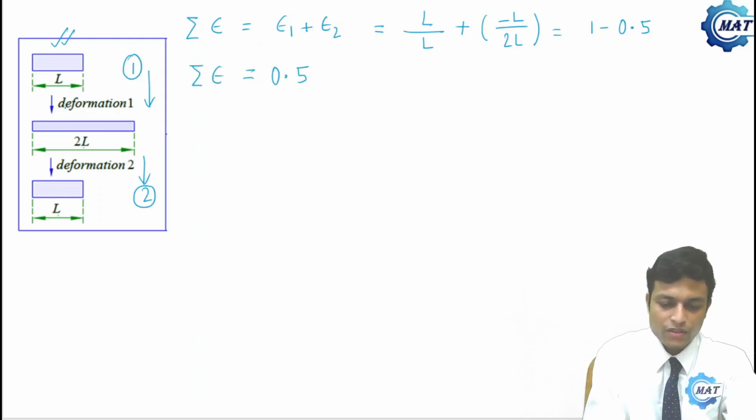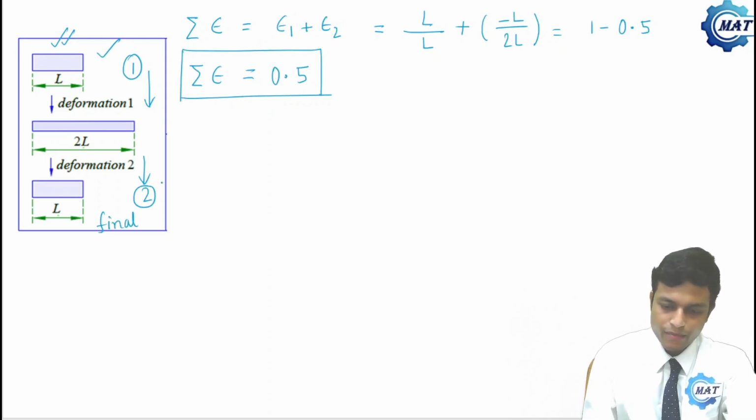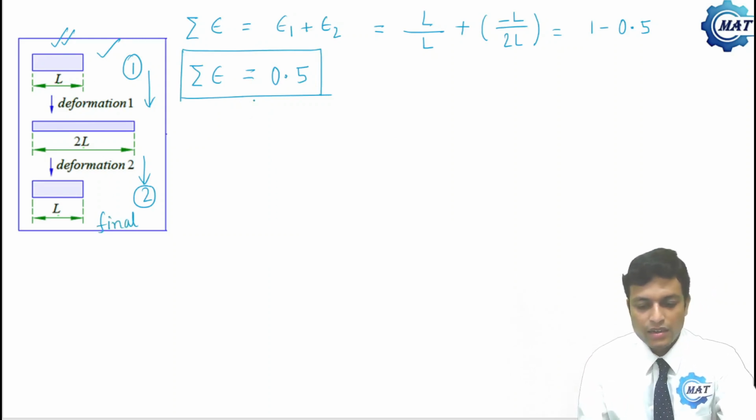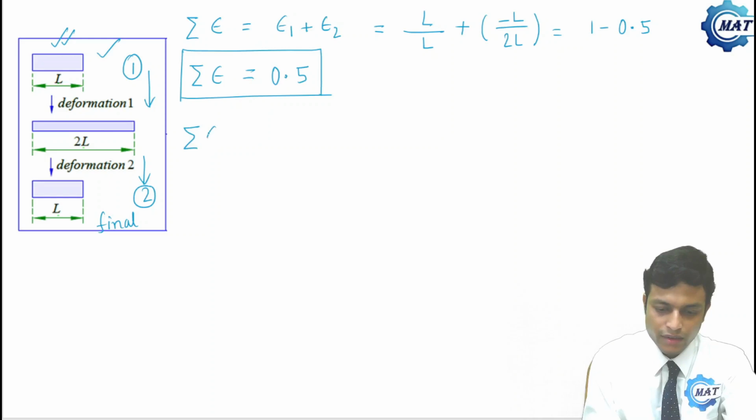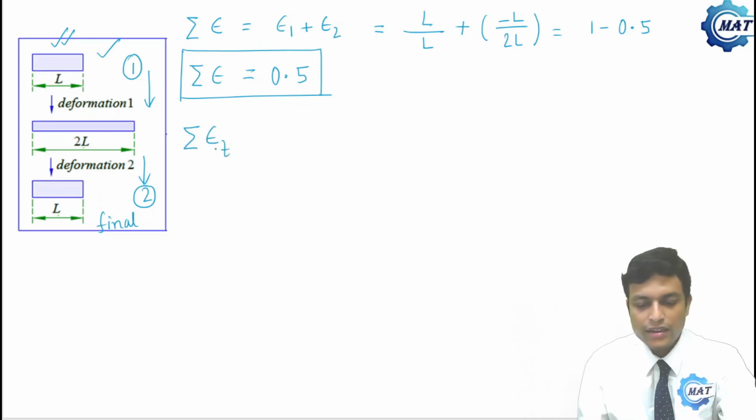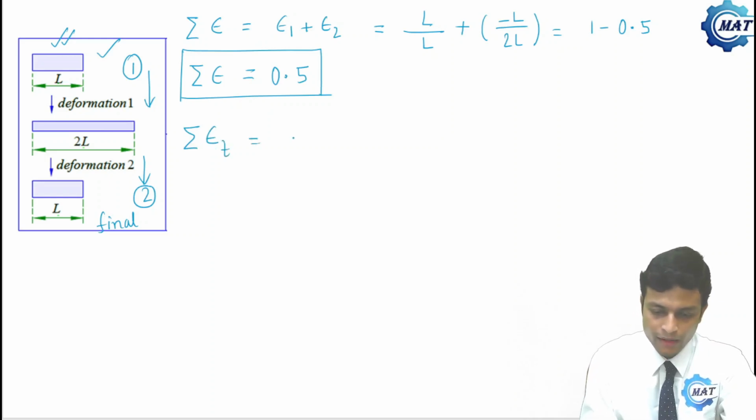But the total strain is actually 0. Engineering strain gives a total strain of 0.5 even though the initial and final lengths are the same, so it gives an incorrect value. Now let us calculate the resultant true strain, epsilon T1 plus epsilon T2.